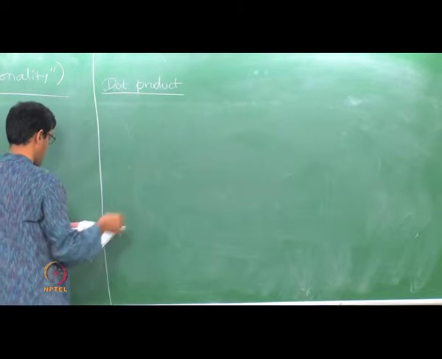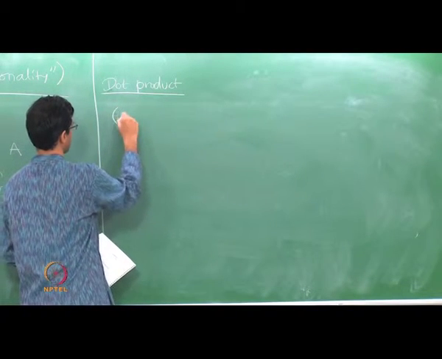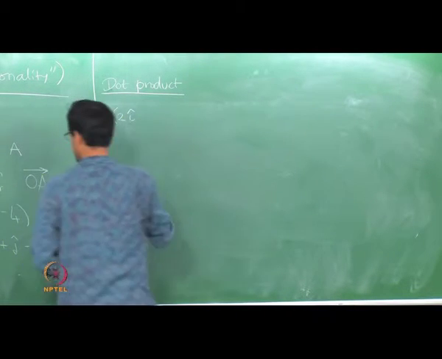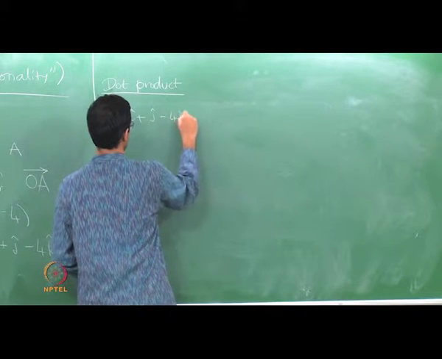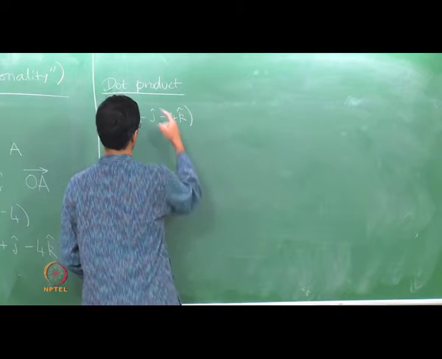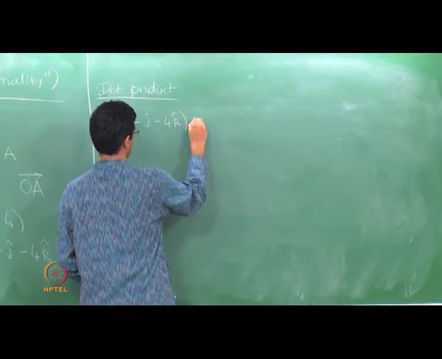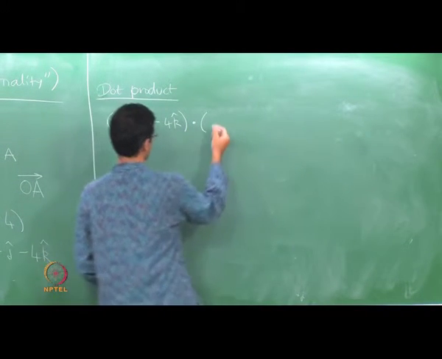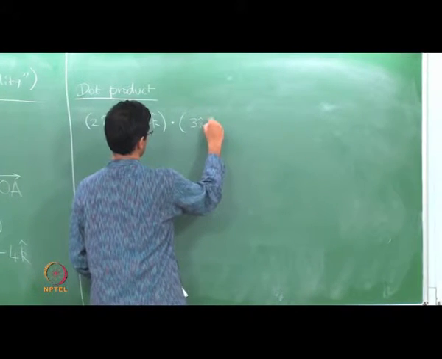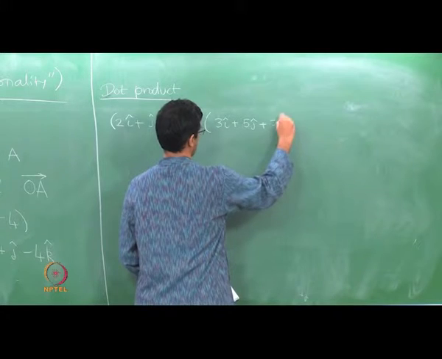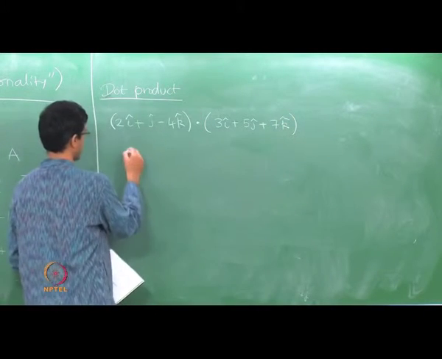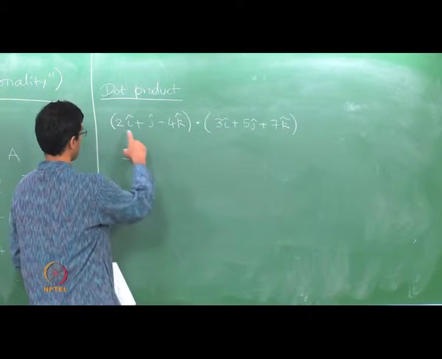Suppose I have the vector 2i plus j minus 4k, sometimes also called the scalar product, dot with another vector, 3i plus 5j plus 7k.